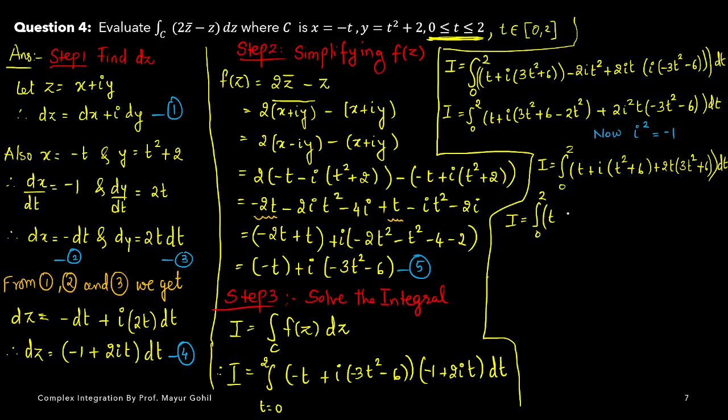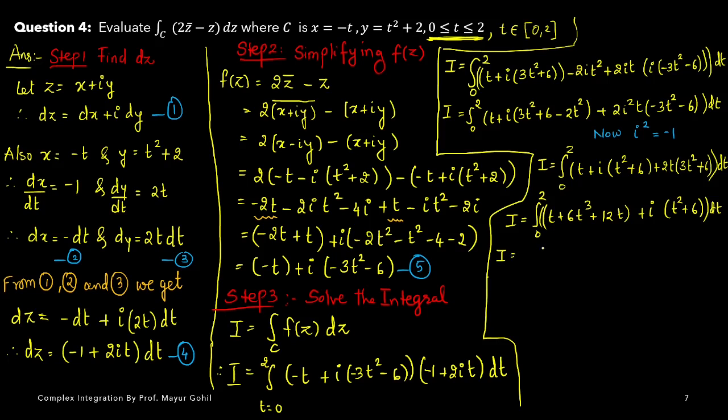So I'll multiply it. t plus, here I'll get 6t cube plus 12t plus i times t square plus 6. Okay, and this whole thing comes under dt. Now with dt you start integrating.